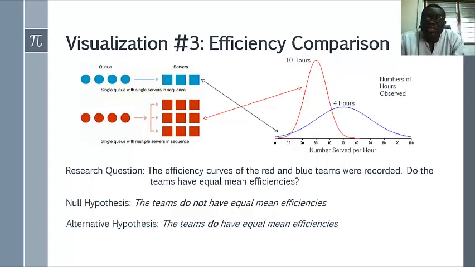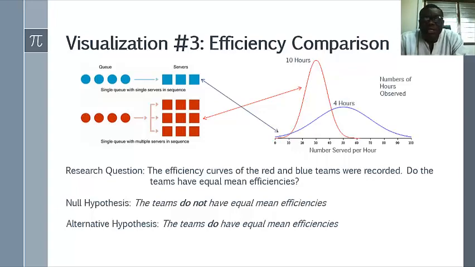The "do not" is bolded for emphasis. Alternate hypothesis. The teams do have equal mean efficiencies. The "do" is highlighted for emphasis.